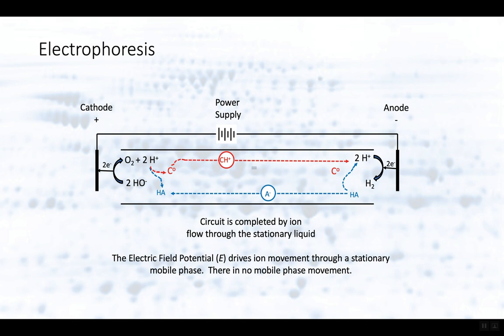Now I said usually water is the electrolyte that is interacting with the cathode and the anode. That's the dominant component in the mixture. We're typically running in an aqueous system, but there's no reason it has to be an aqueous system. We can use anything that the cathode and the anode are able to oxidize and reduce.